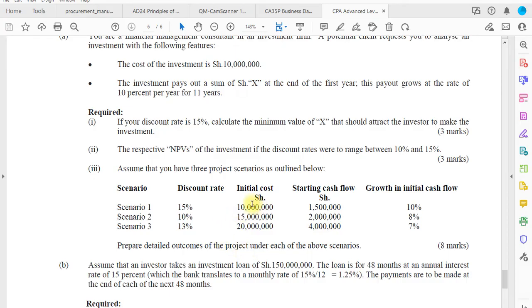In this case they have given us the initial cost, the starting cash flow, and the growth in the initial cash flow. So prepare detailed outcomes of the project under each of the above scenarios. So for each scenario you calculate this detailed analysis. You can start with scenario 1. Already we know the starting capital.